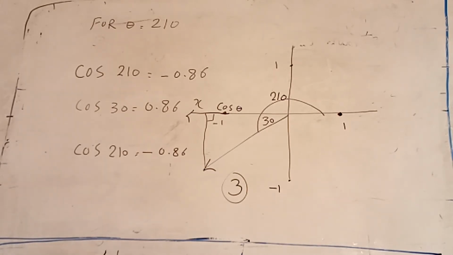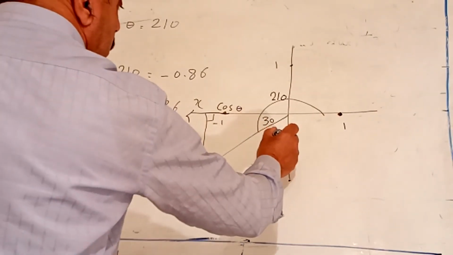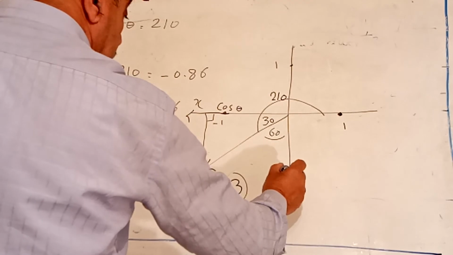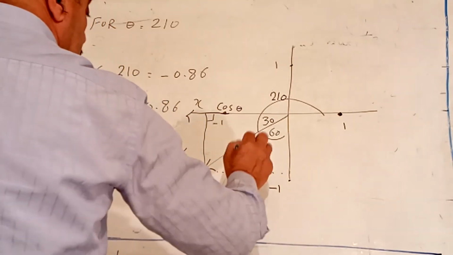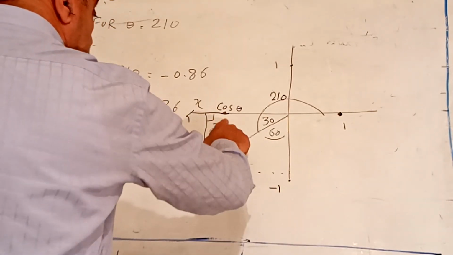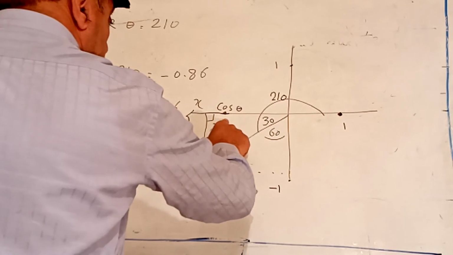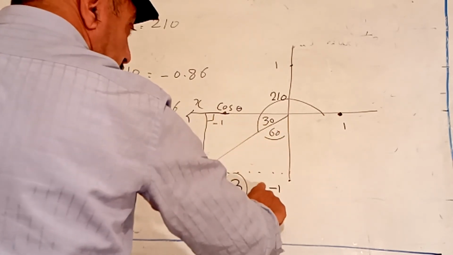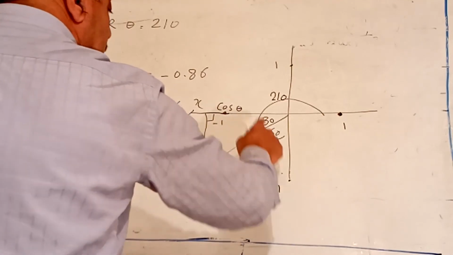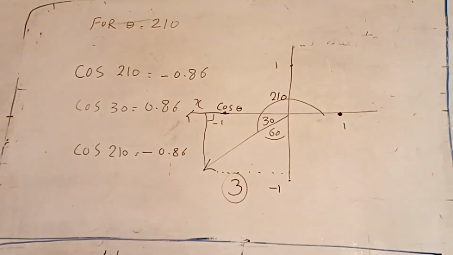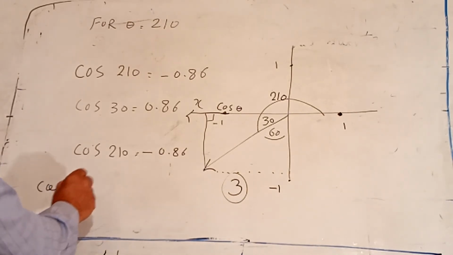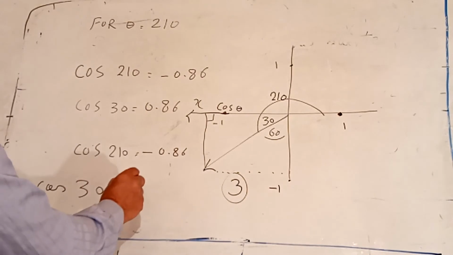You could also, by the way, please try to do it with your own hands. This angle is 60. Consider this one here. This one would be considered cosine theta, cosine 30. If you look at it this way, it will be sine 60. Is cosine 30 equal to sine 60?